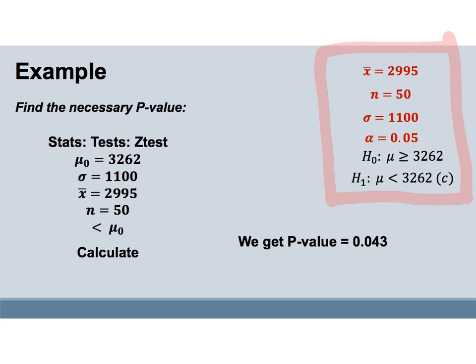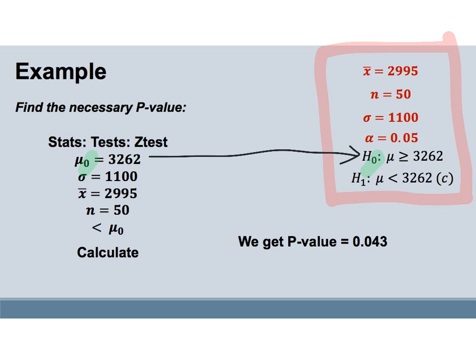This 3,262 comes from my null. See how both of them have this little 0, the naught? That's your hint as to where to go look for that. So in the calculator, that mu naught, go look at your null. It's 3,262, so that's what I'm going to put in there.